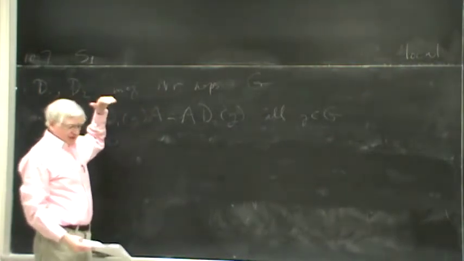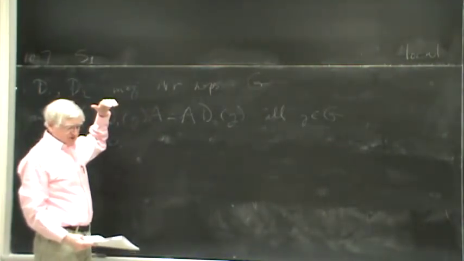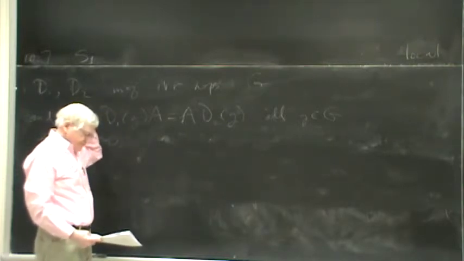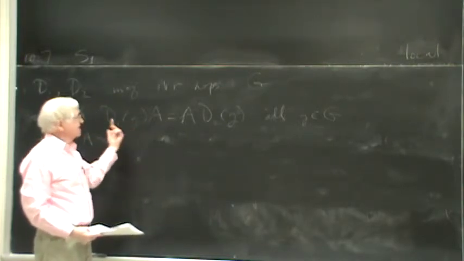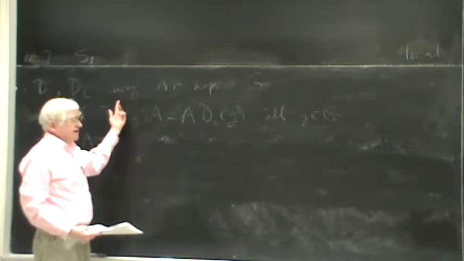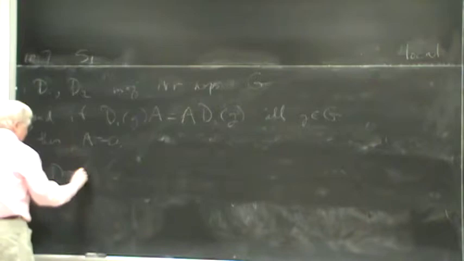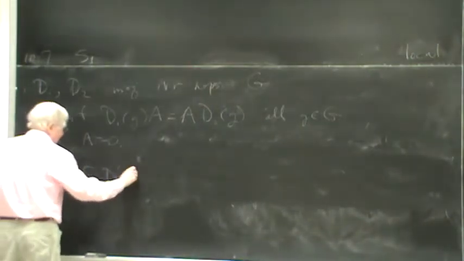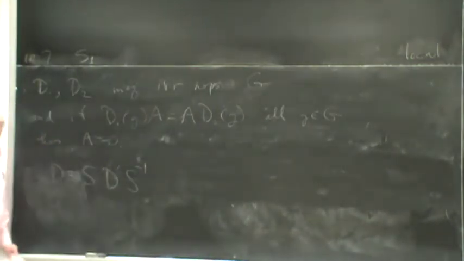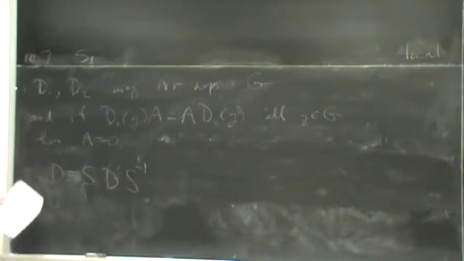So you have a representation in terms of square matrices. Two representations can be equivalent if D is equal to, say, S D' S inverse, where S is non-singular, obviously, because there's an S inverse. So these are equivalent. Inequivalent means not that.